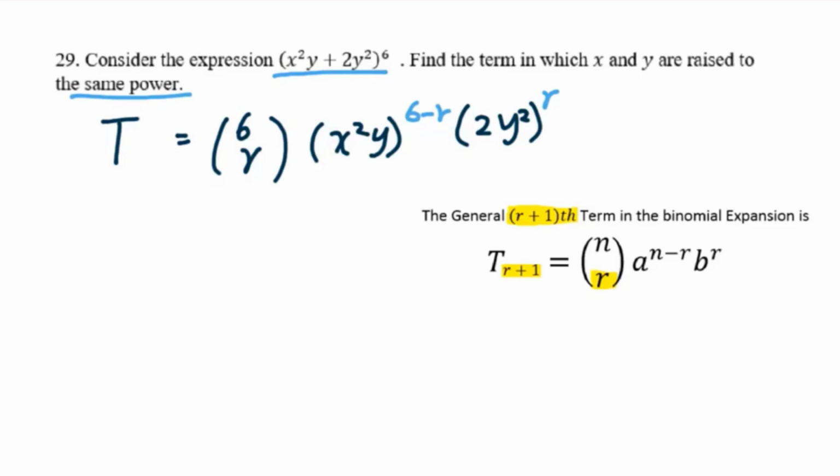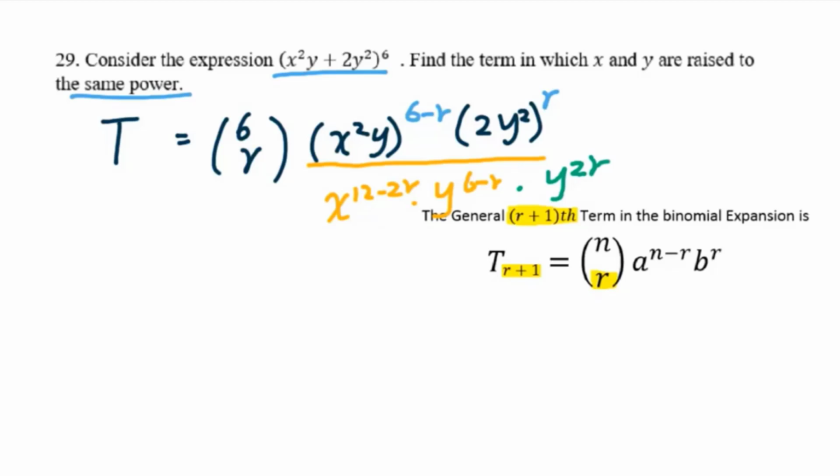Then we need to organize for x and y. So we get x to the 12 minus 2r times y to the 6 minus r power, then times y to the 2r power.